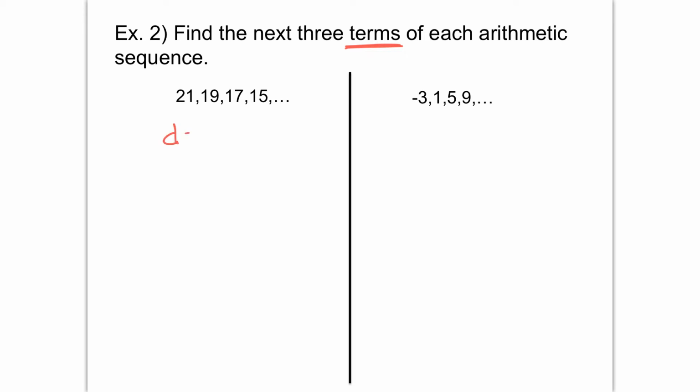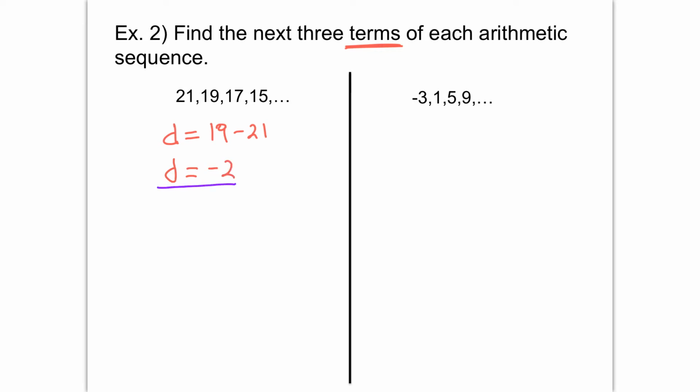So first we need to find the common difference. The common difference will be 2nd term minus the 1st term. Now you notice that the numbers are decreasing, 21, 19, 17, 15. So you are subtracting, and you probably already know you're subtracting 2. But just to show you, my common difference, if you take 19 minus 21, that's negative 2. So negative means you're subtracting.